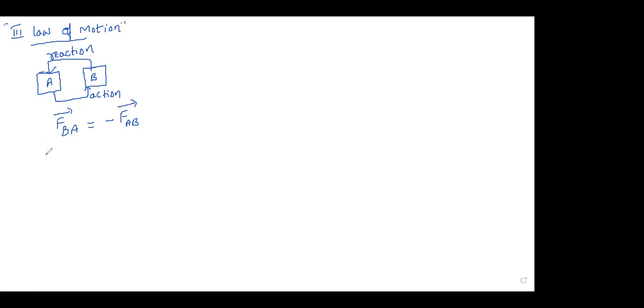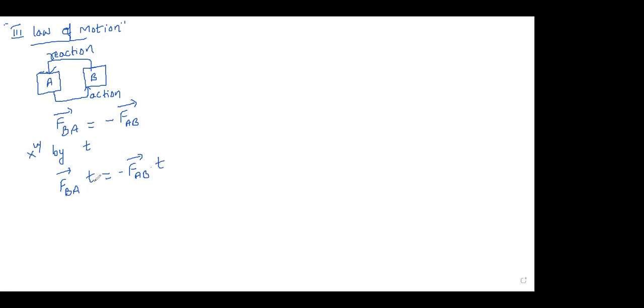Now, if I multiply by t on both the sides, if I multiply the time on both the sides, what happens? Force acting on body B by the body A into t is equal to minus force acting on the body A by the body B into t.